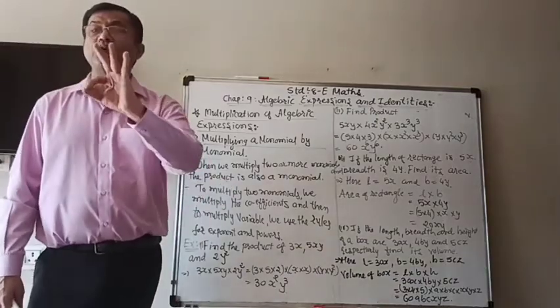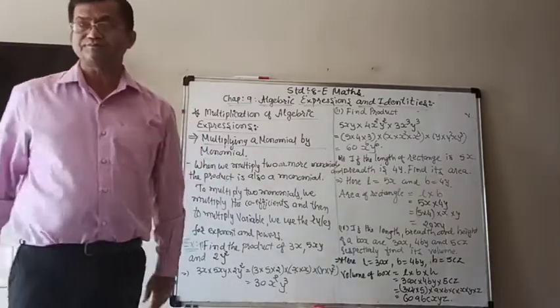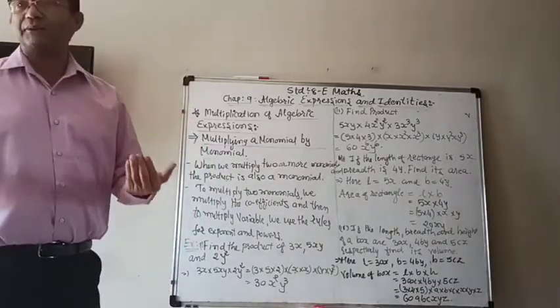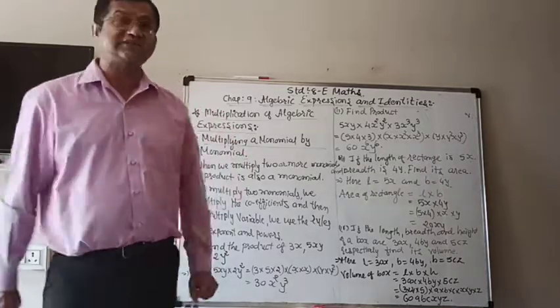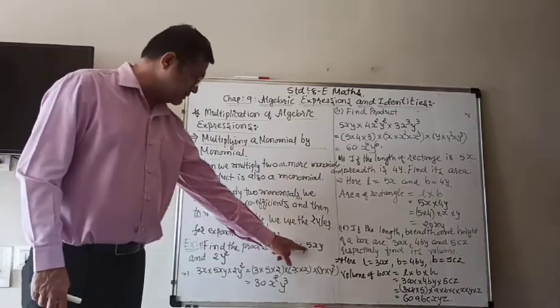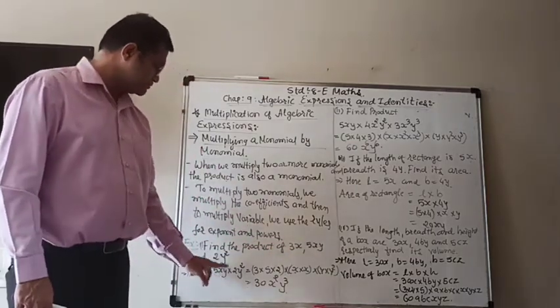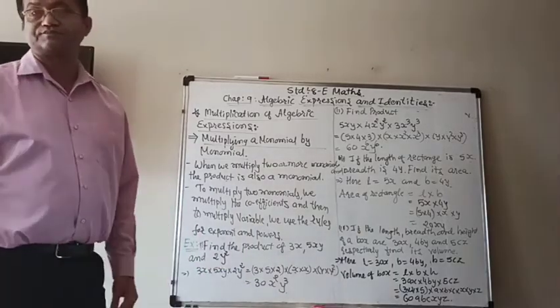These are the three monomials given and we have to find their product. So we write them with multiplication signs: 3x multiplied by 5xy multiplied by the last monomial 2y square.